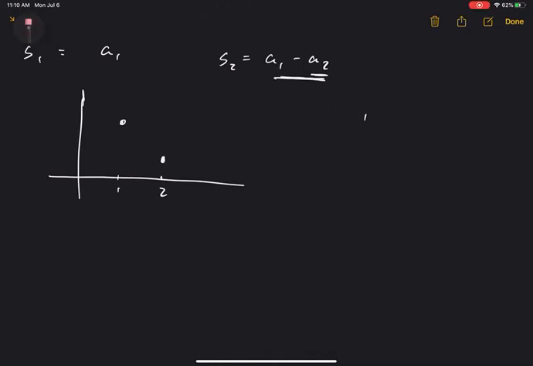And then what would S3 be? S3 would be a1 minus a2 plus a3. So I'm adding that number a3 there. But that should increase my number, but a3 is less than a2, so I'm not going to get all the way back up to S1, right?